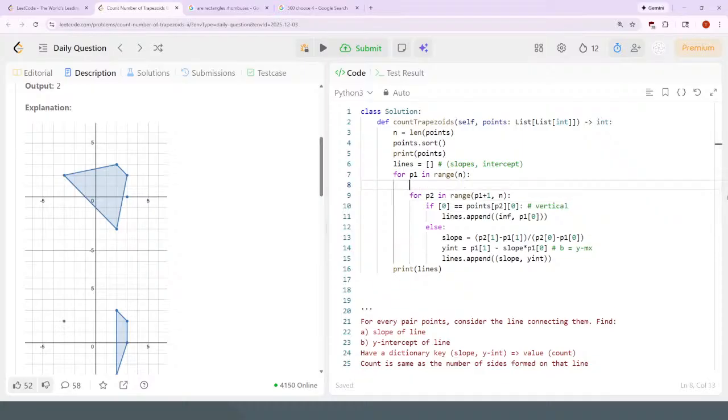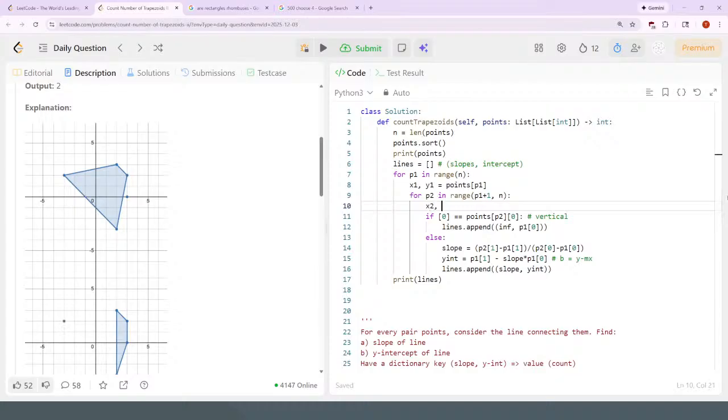Let's say x1, y1 is points at P1. x2, y2 is points at P2. I guess this just makes it a lot more readable. x1 equals x2, vertical. Use the x-intercept.